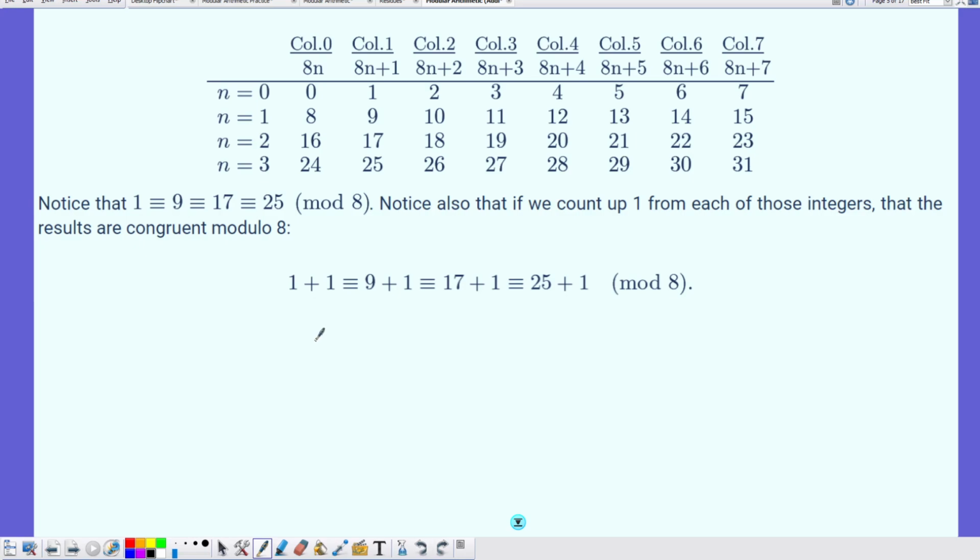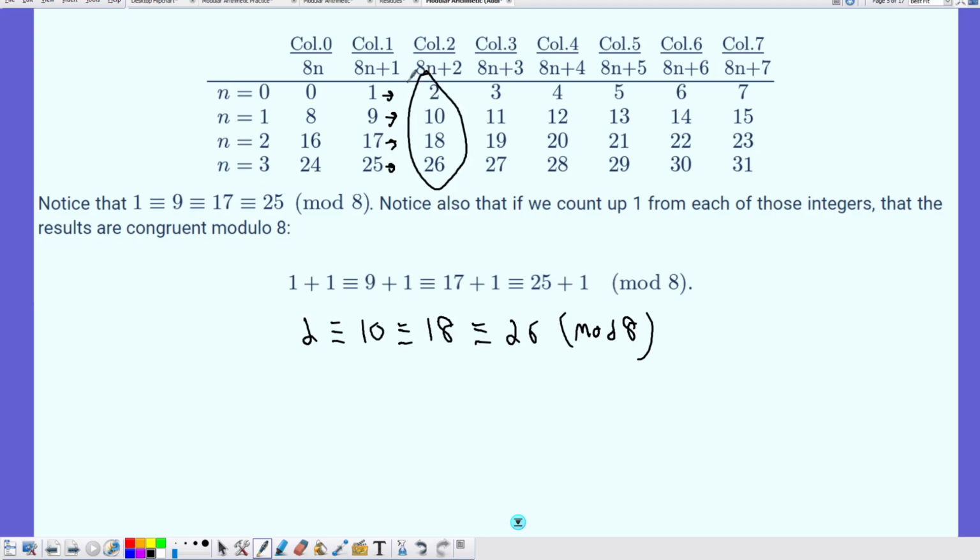So 1 plus 1 being 2 is congruent to 9 plus 1 is 10, which is congruent to 17 plus 1 is 18, which is also congruent to 25 plus 1, which is 26, under the modulus 8 system. So, going up 1 in each value, we get another residue class where they're all congruent.